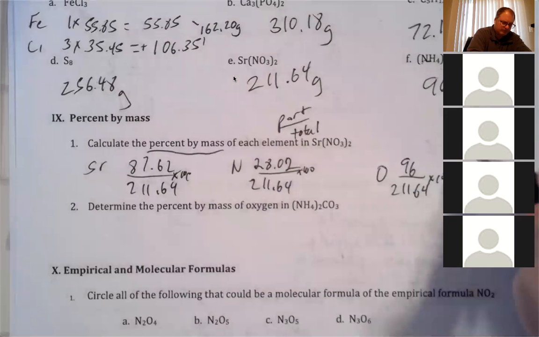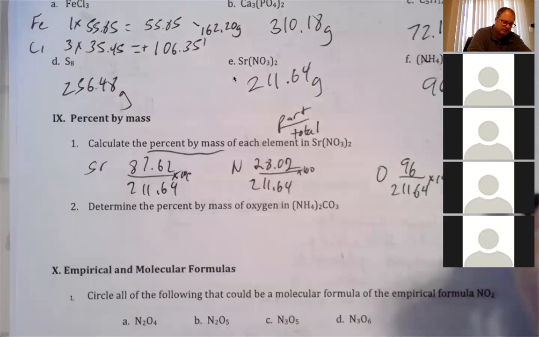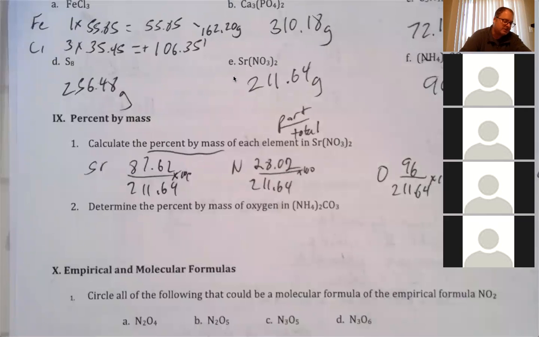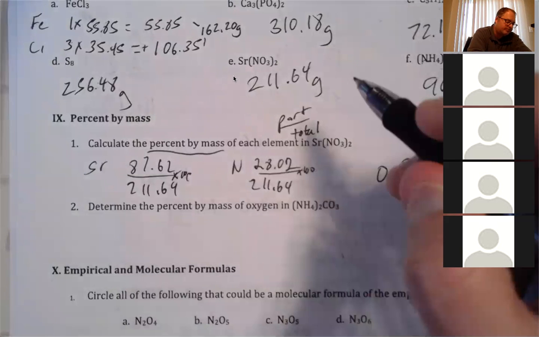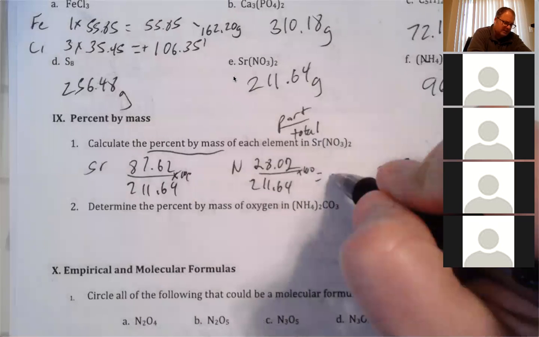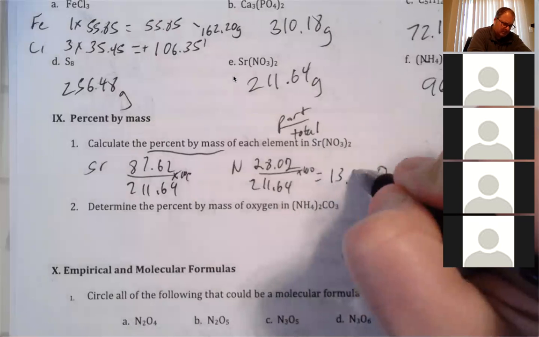It's about 45.36. So that's 45.36% oxygen. 28.02 divided by 211.64. It's about 0.1323. Need to times that by 100.